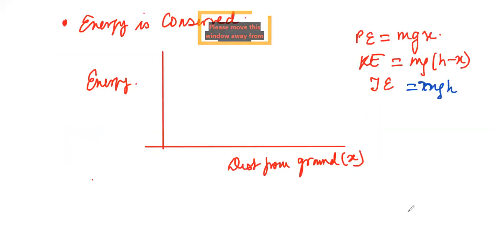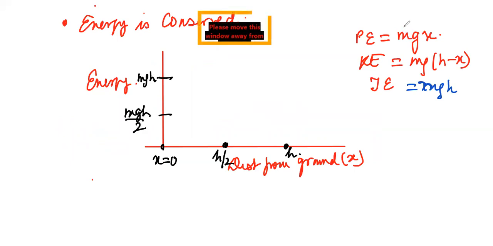So now if I try to plot the graph over here, first of all, suppose I take x equal to 0 over here, x equals to h by 2 over here, and at the same distance I take x equals to h. And over here I take energy equal to mgh upon 2, and maximum energy is mgh.